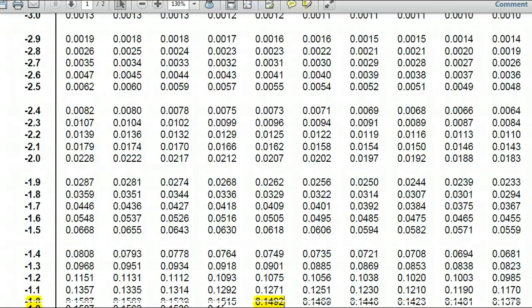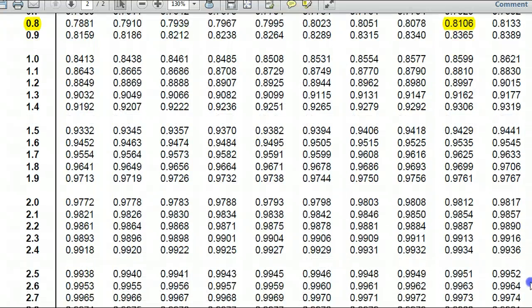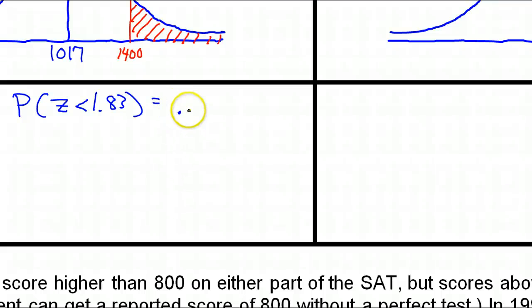1.83, so that'll be on the positive side. Okay, so here's 1.8. So 1.80, 1, 2, 3. So that's 0.9664. Okay, so the chart is saying 0.9664.